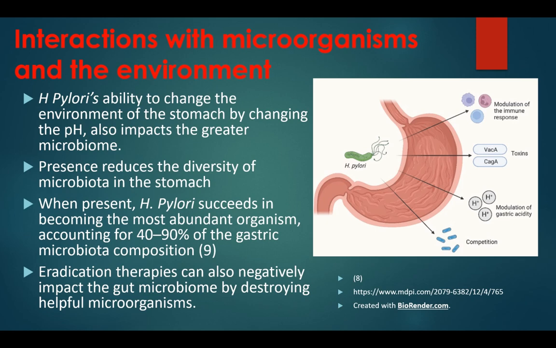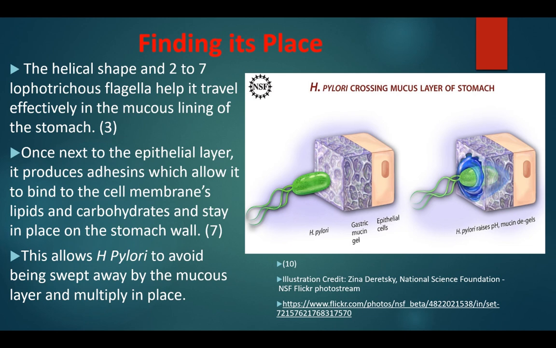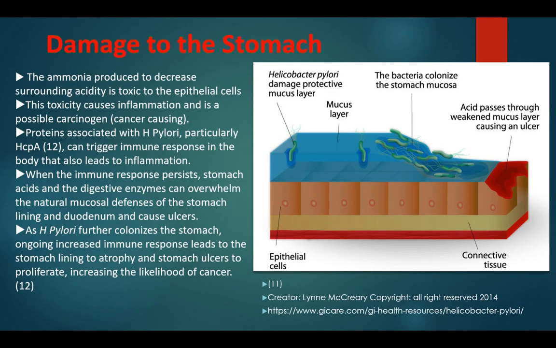It uses its helical shape and flagella to burrow into the mucus lining of the stomach. So it gets through the mucus and up to the epithelial layer. Once it's in the epithelial layer, it produces adhesins which allow it to stick there and not get washed away. Once it is up against the stomach wall, it stays there and produces ammonia, which decreases acidity.